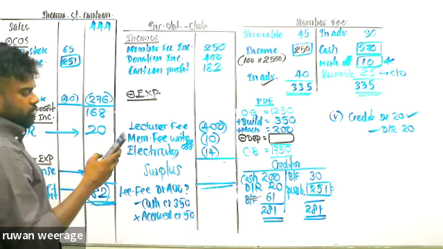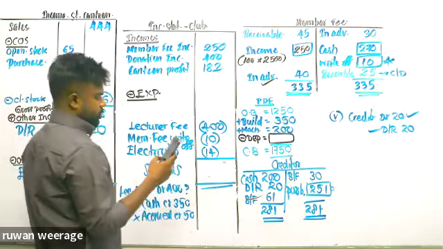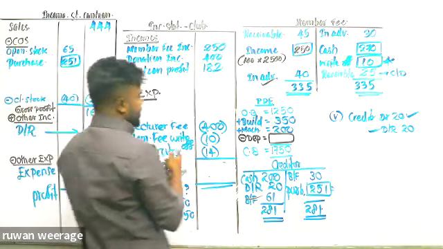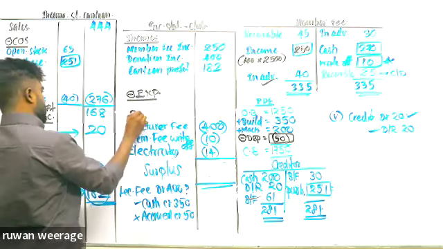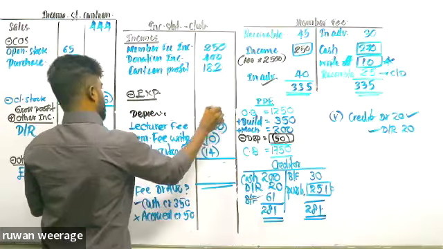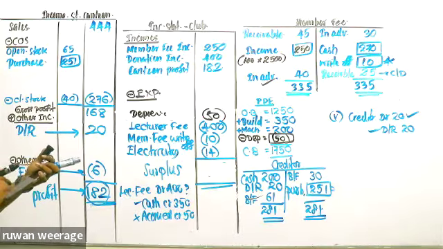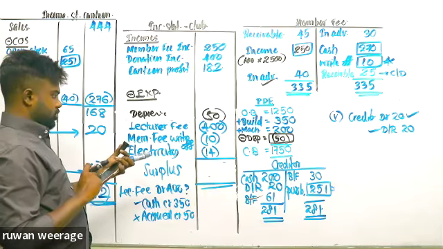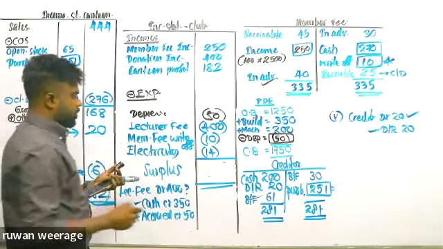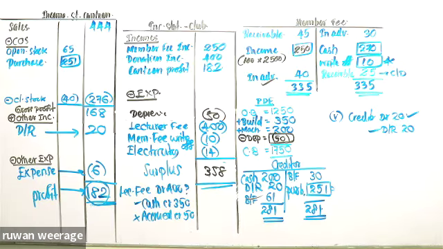What's the depreciation? 50. Depreciation is 50. Is it 358? 358 then? Yes.